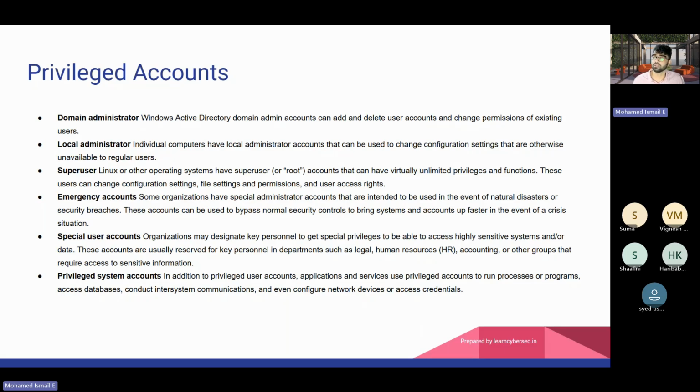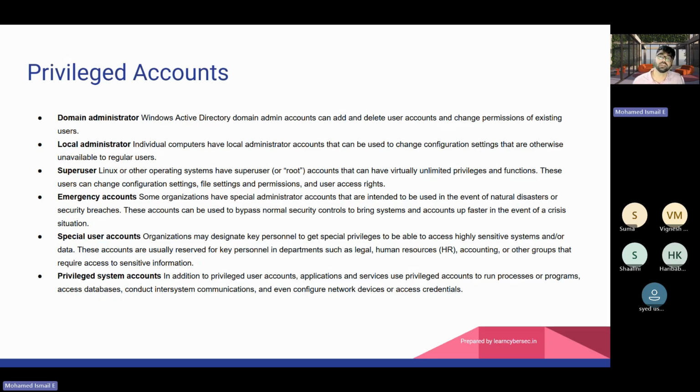Emergency accounts: some companies create emergency accounts with admin privilege and they keep them for backup. When suddenly some administrator passes away or any life-threatening event happens to the administrator, the company ends up with no way to access their employee database or critical servers, right? So to avoid that, the company creates emergency accounts and keeps them in a locker or password vault.